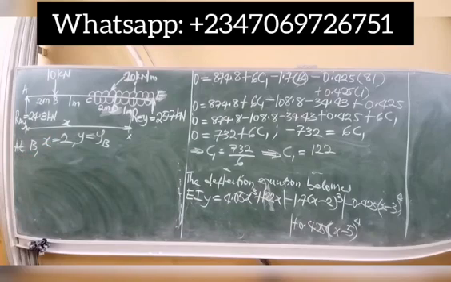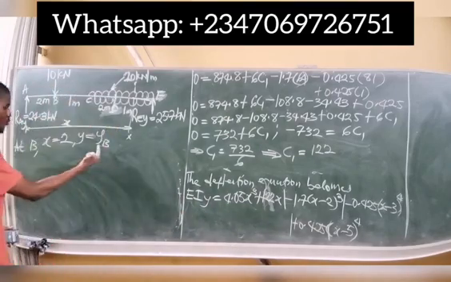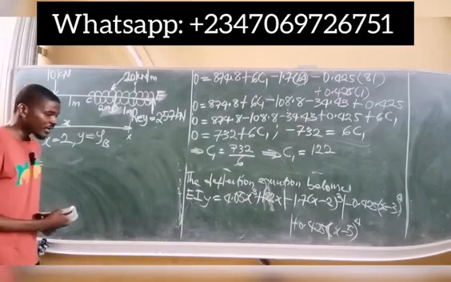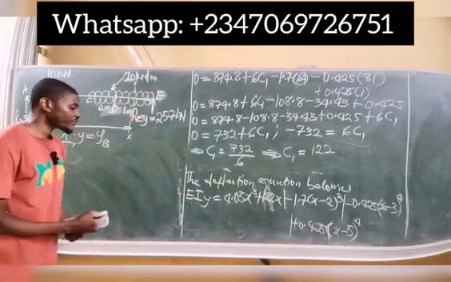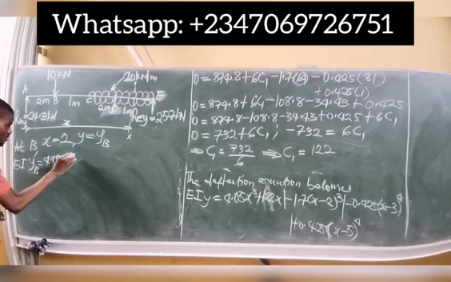From the deflection equation, we have EI, this y simply becomes YB, telling us deflection at point B. So we have EI YB equals 4.05x cubed, which is simply 4.05, x is now 2, so it becomes 2 to the power of 3 plus.